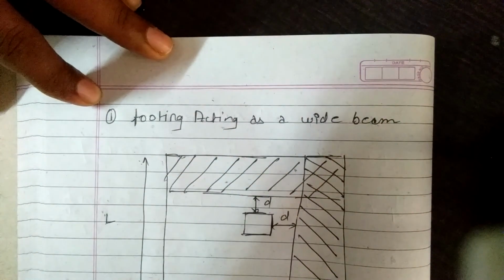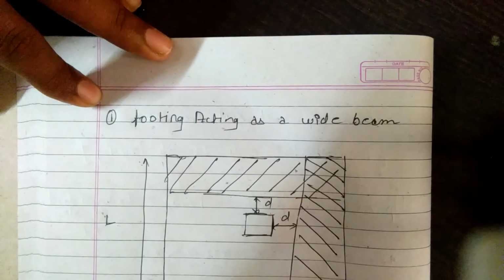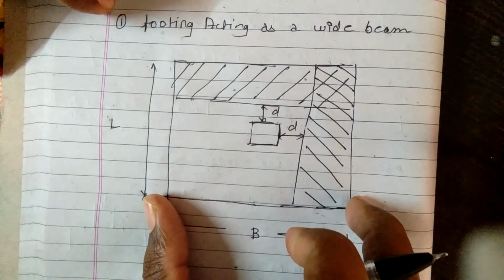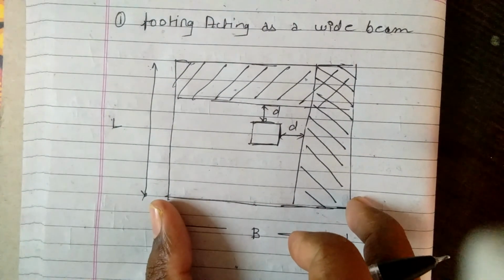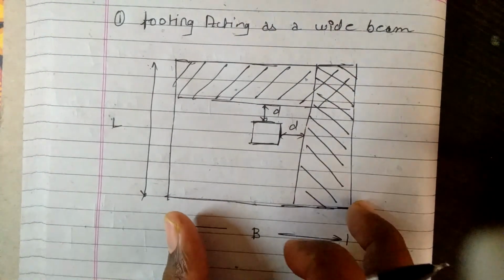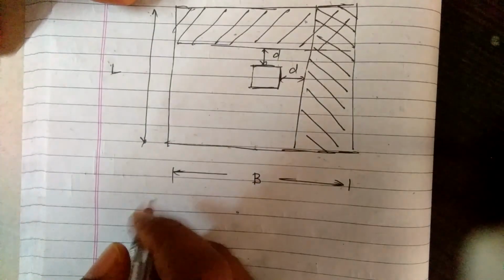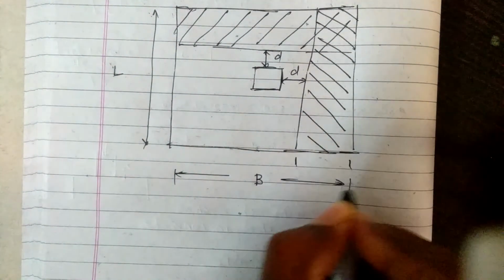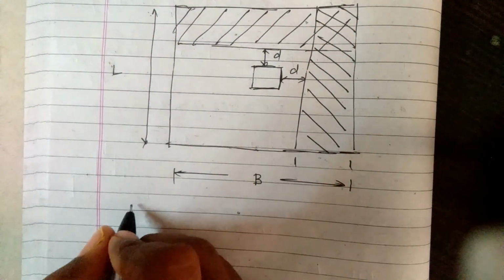Condition will vary while calculating this distance, because in one condition we will judge this footing as square, and in the next condition we will judge this footing as a rectangular footing. Okay, now we have to find this distance. How is it possible?